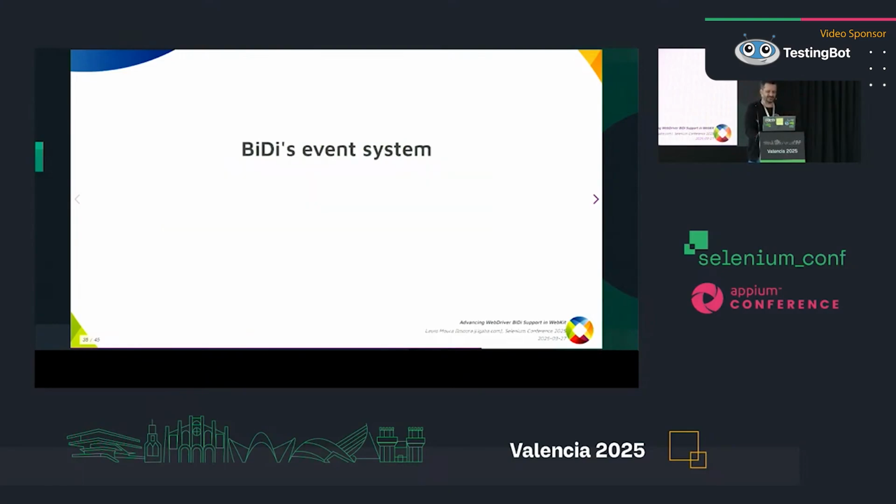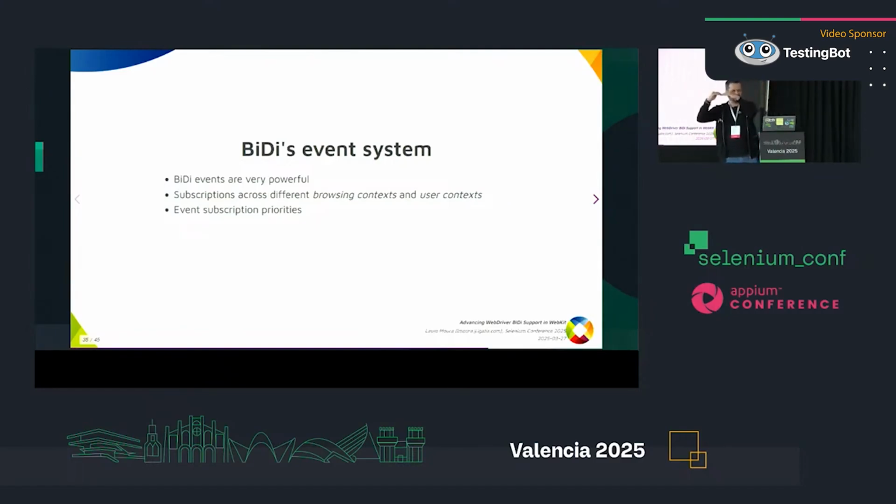Also, the BiDi event system, because it's very powerful, you can subscribe to events on different browsing contexts, different user contexts. We can have different priorities for events. Let's say you ask to subscribe to 2 different events on a given browsing context. Then those events have some subscription steps that must be taken when subscribing and must follow some kind of priority.